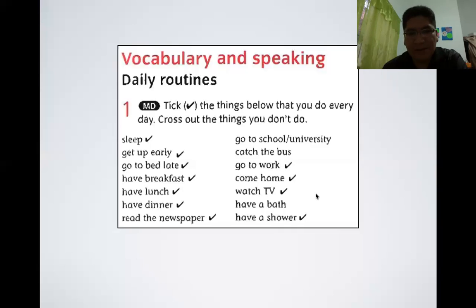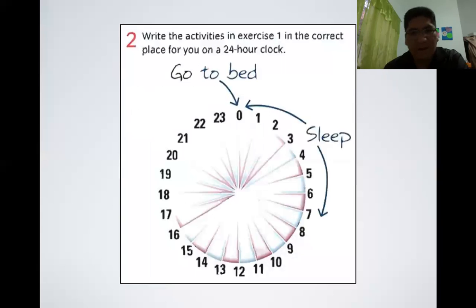Okay, the next exercise is telling us that you have to write the activities in exercise 1 in the correct place for you on a 24-hour clock. Un reloj de 24 horas, a 24-hour clock. And you have to put the activities in the respective time.